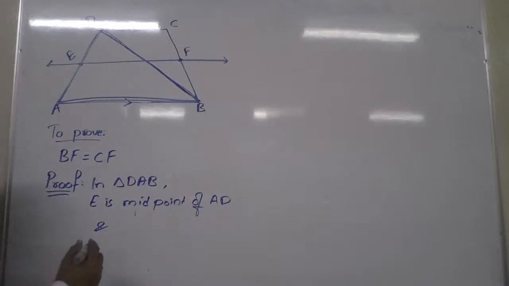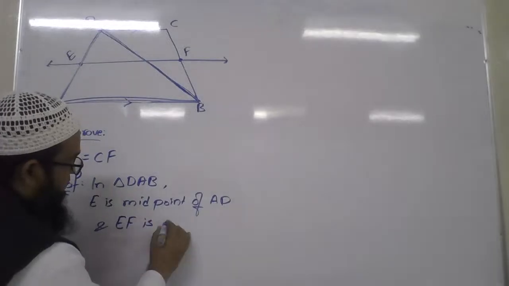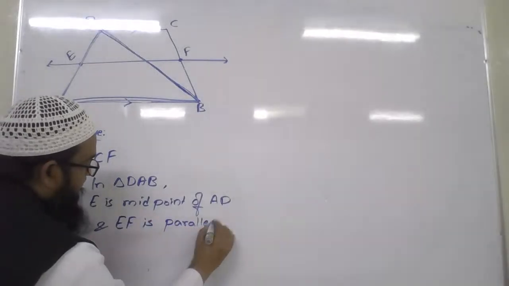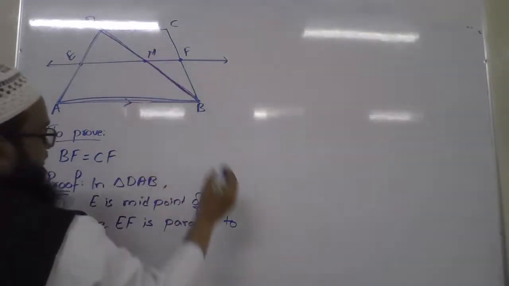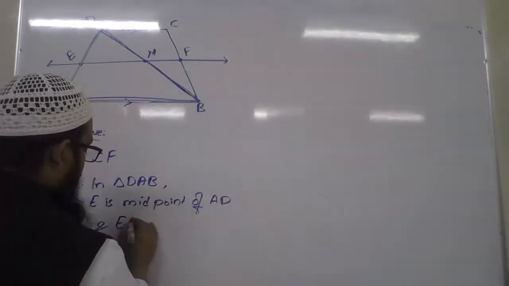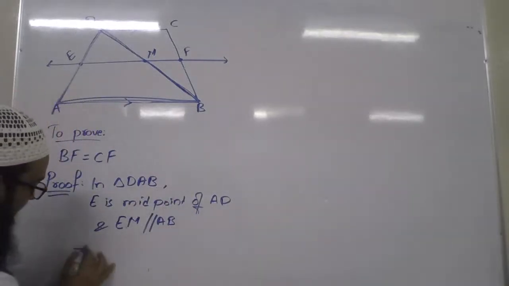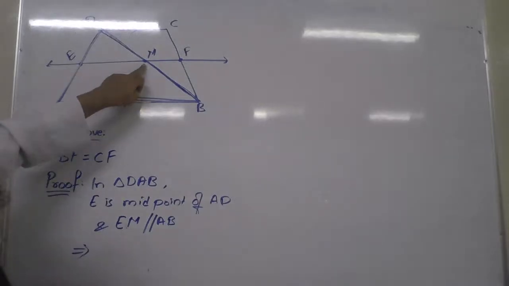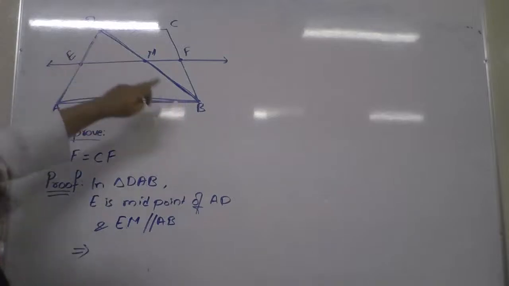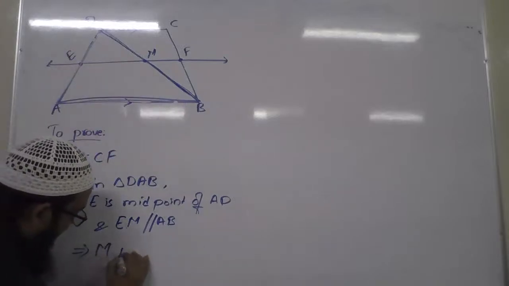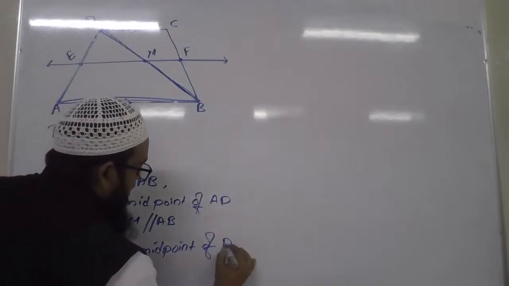Let us take one point M on EF. EM is parallel to AB, then it implies M is the midpoint of DB.